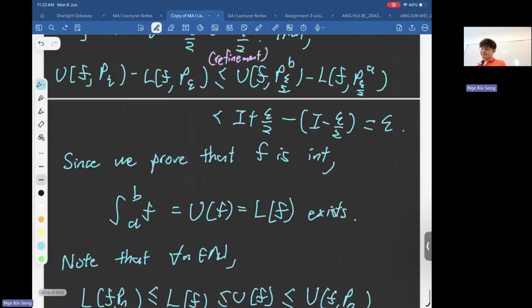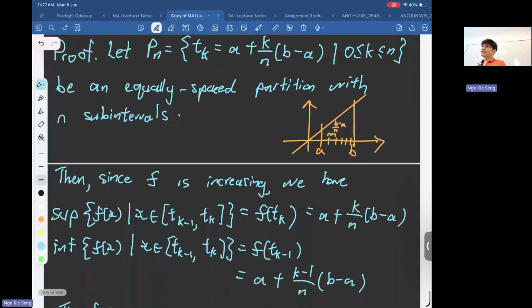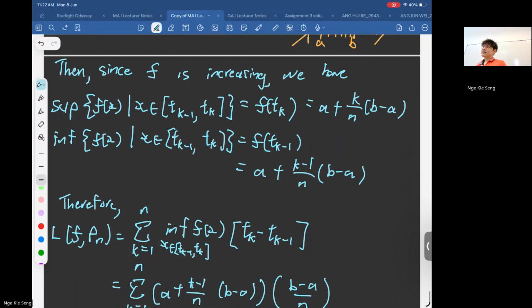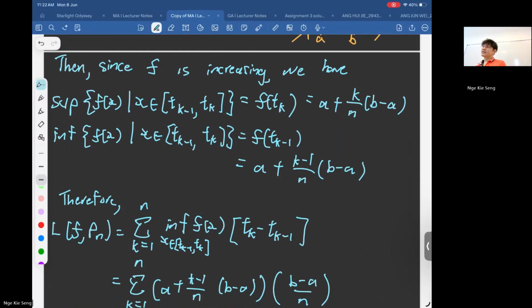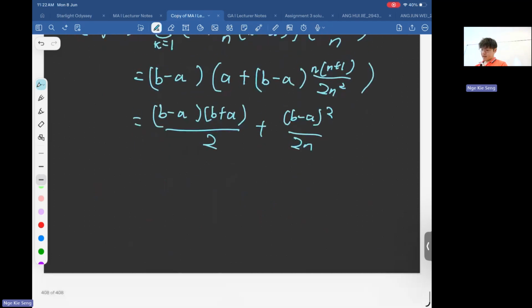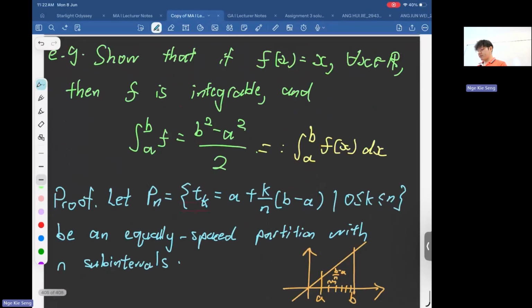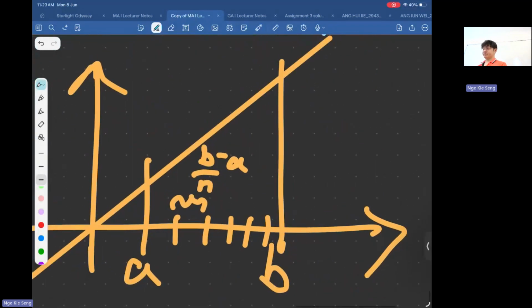Is there any trick in choosing the partition? I would say that's the first thing you could do. Because this function is actually quite regular, you get what I mean? There's nothing weird happening here.